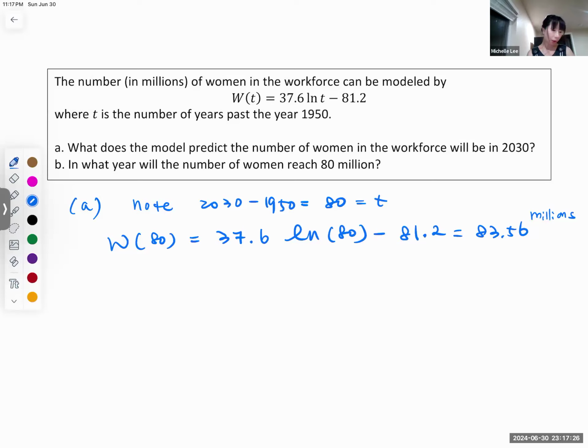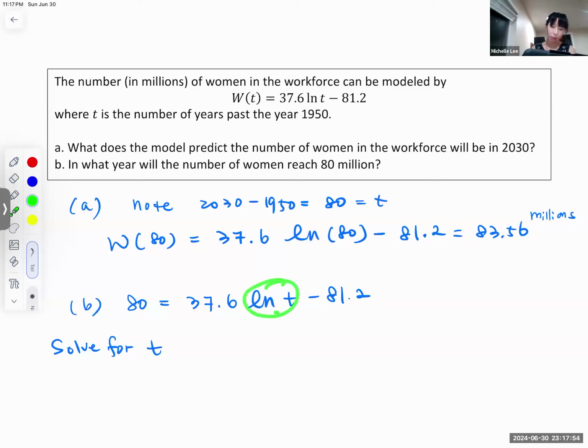Okay. Second part. In what year did the number of women reach 80 million, right? So we have 80 on one side, and then 37.6 natural log of t minus 81.2. Now we need to solve for t, right? Okay, t is here. So we need to get rid of the term, which is 81.2.